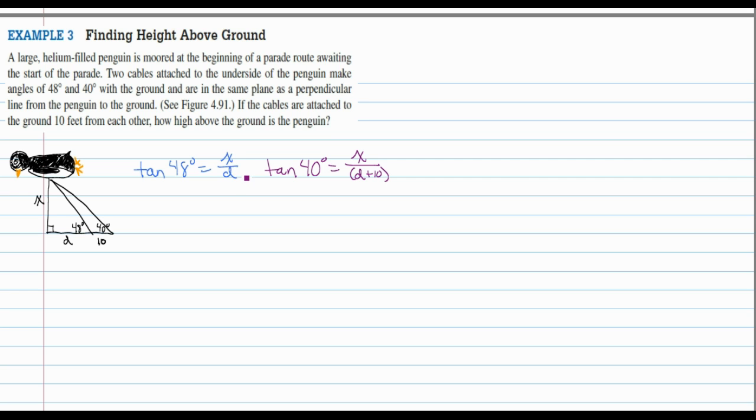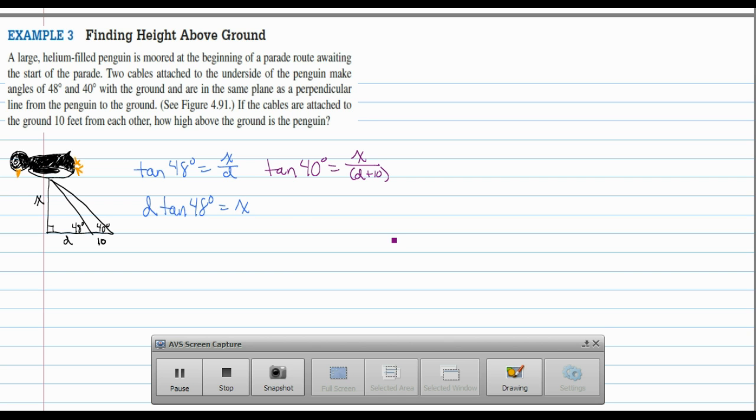So if I solve these both for x, this one is going to be d times the tangent of 48 degrees equals x. So I'm going to multiply both sides by d plus 10. And now since both equations are solved for x, they are both equal to each other. So I'm going to say that d times the tangent of 48 degrees equals (d plus 10) times the tangent of 40 degrees.